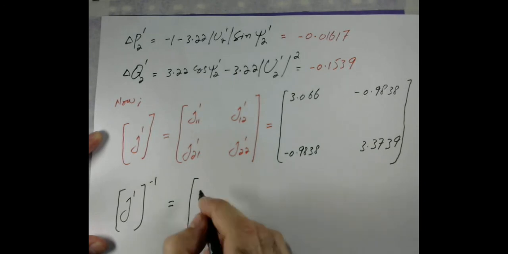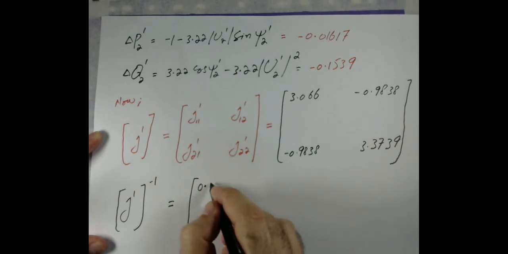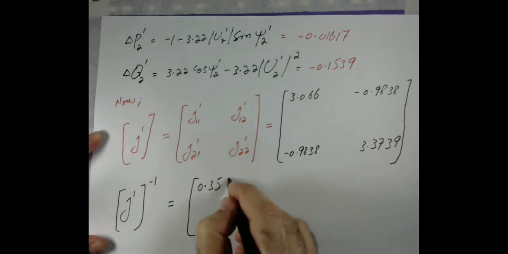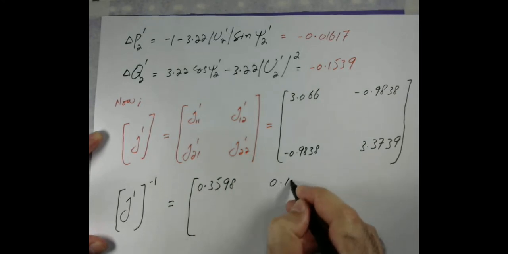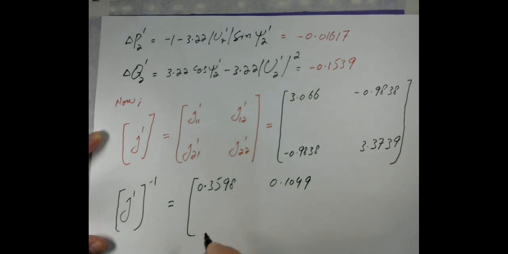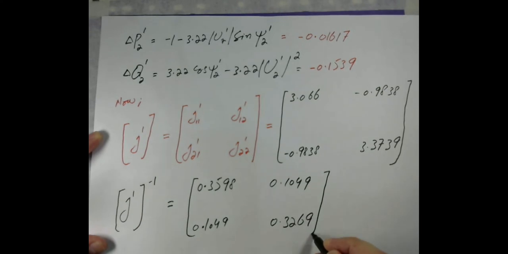So this will be equal to 0.3598, 0.1049, and 0.3269. So now this is the new matrix.